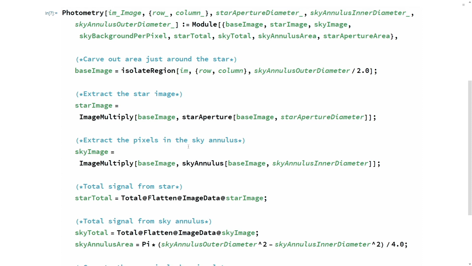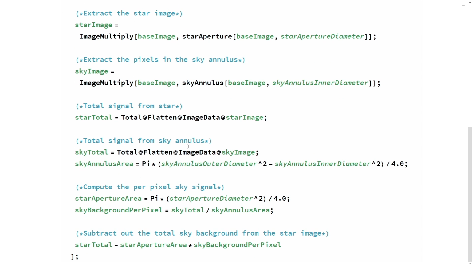We also need to know what the area is of the annulus. So that's just pi times the outer diameter squared minus the inner diameter squared, divided by 4. And then we can compute the per pixel sky signal. Take the star aperture area, the sky background per pixel is the sky total divided by the sky annulus area.